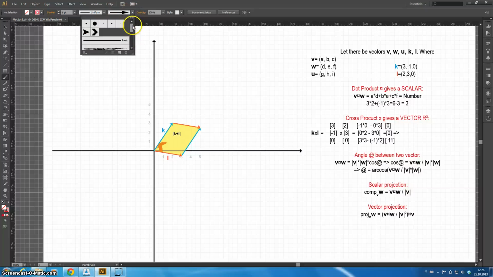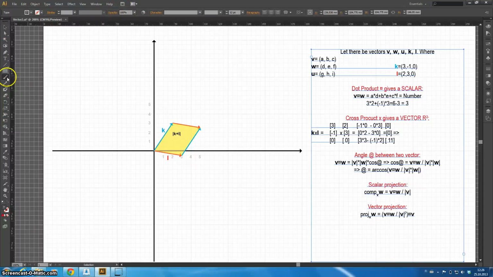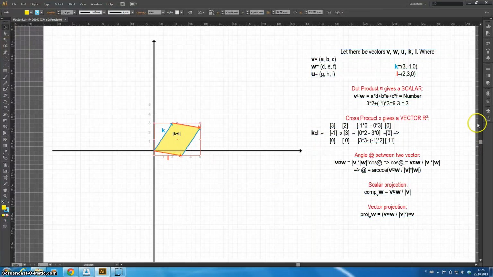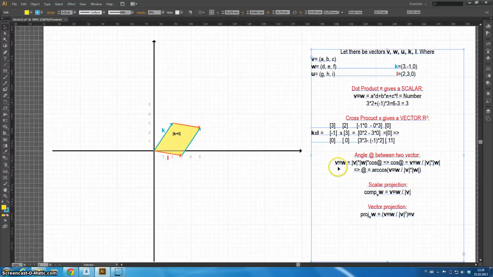Okay, that was my mistake. This is not a good one for painting. But anyway, this is the angle, and we can find that angle by this formula for calculating these ones.